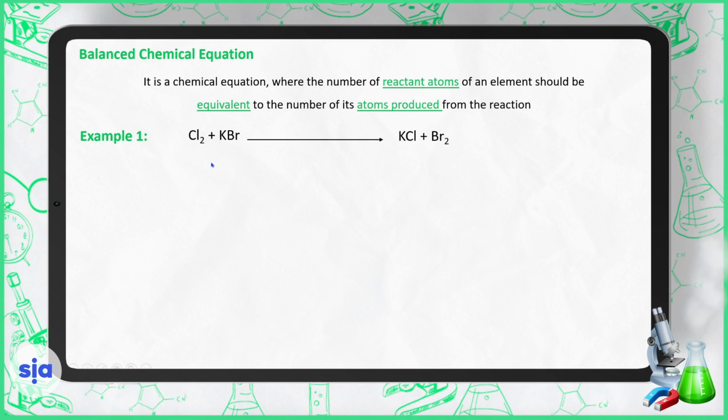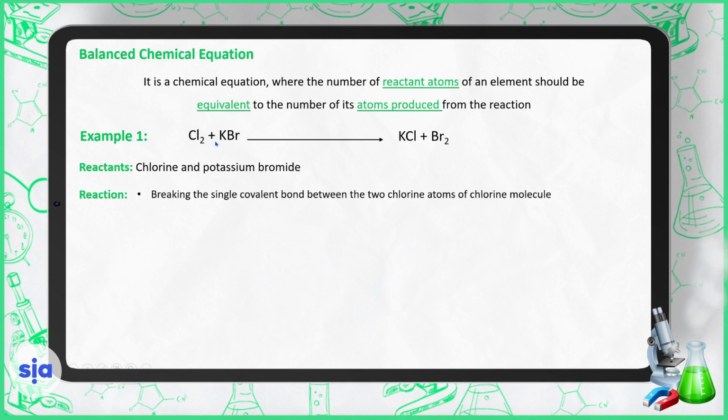If you look, the reactants here are the chlorine and the potassium bromide. In the reaction, first, the single covalent bond between the two chlorine atoms will be broken, and the ionic bond between the potassium and the bromine ions in this molecule will also be broken.